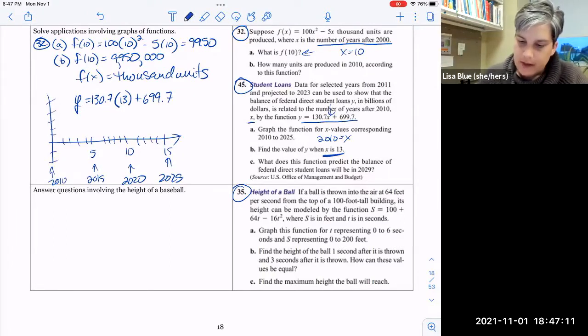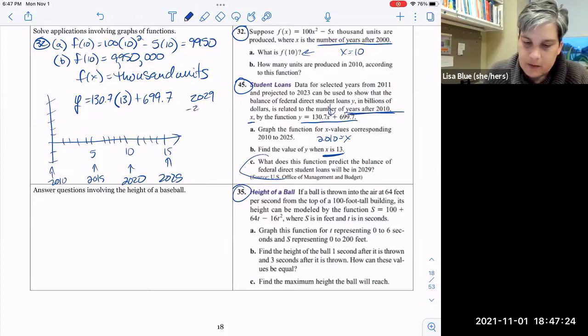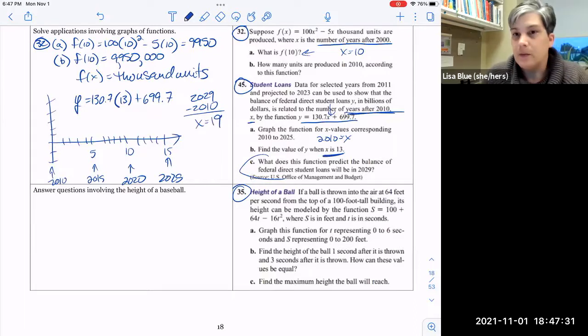And the way you could do that, and this bears a second of time here. So if we look at the year 2029, and our x is years after 2010, so we're going to subtract 2010 from this. And so we see that x would be equal to 19.